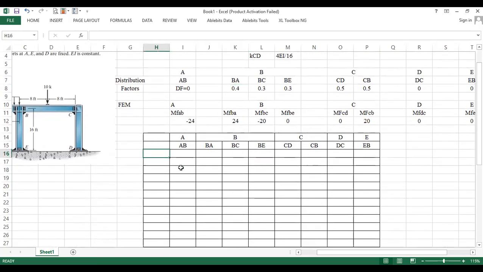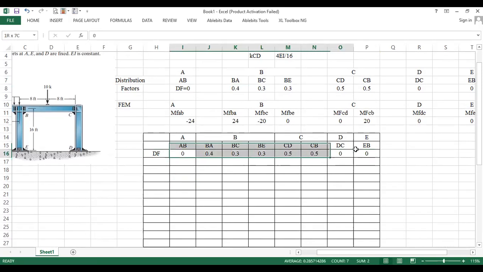So your distribution factors, you have 0, 0.4, 0.3, 0.3, and CD is 0.5, it's 0.5, 0, 0.